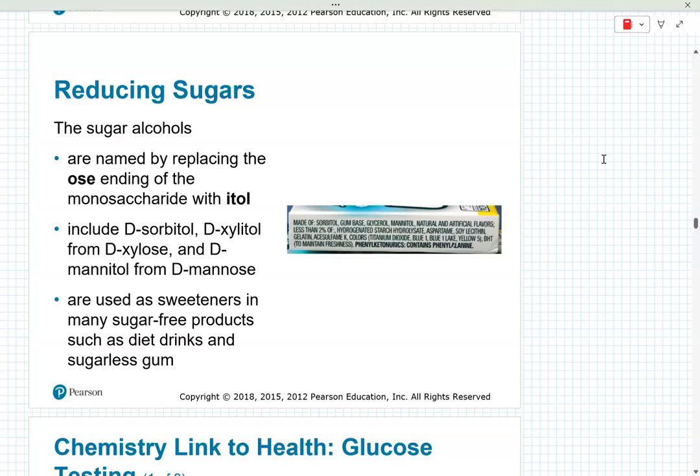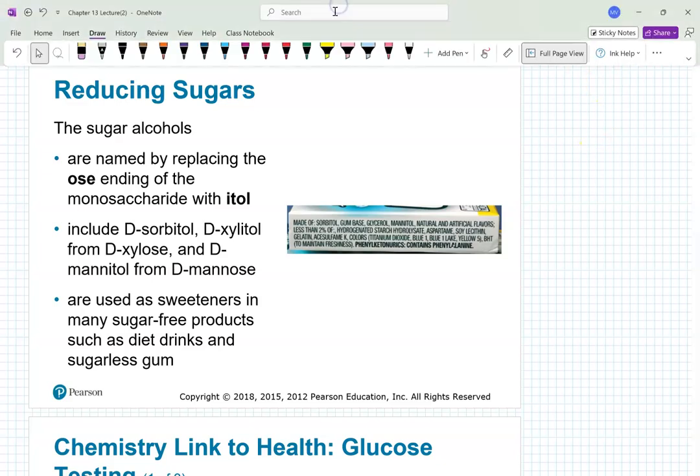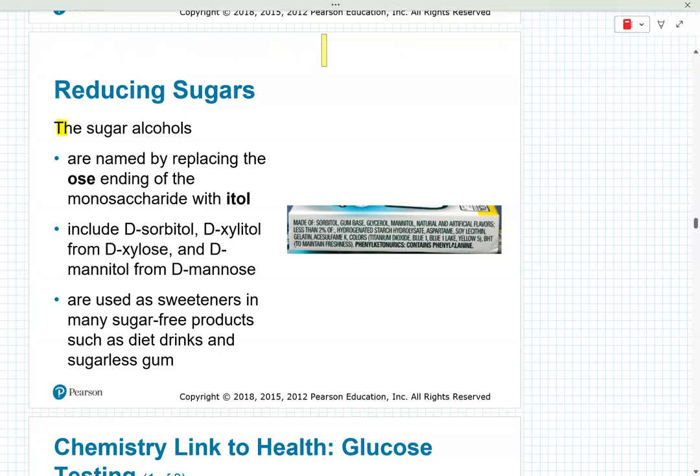So the naming for the sugar alcohols comes when you replace OSE with itol. Okay? So for instance, the sugar mannose, you replace OSE, you get mannitol. Okay, I'm going to highlight the replaced part. Okay, xylose, xylitol. Am I making sense right now?